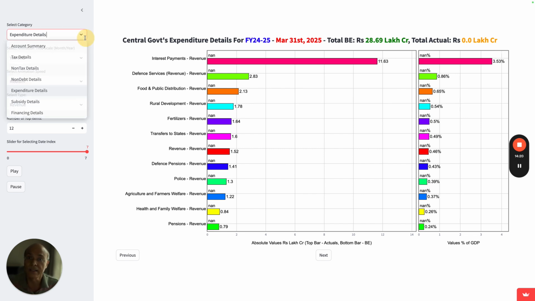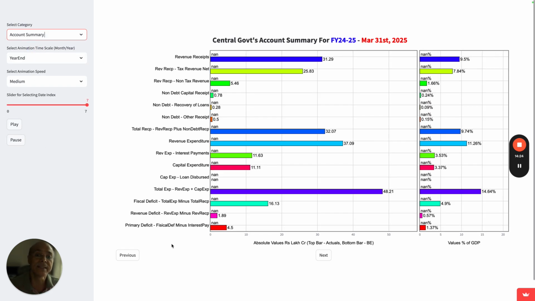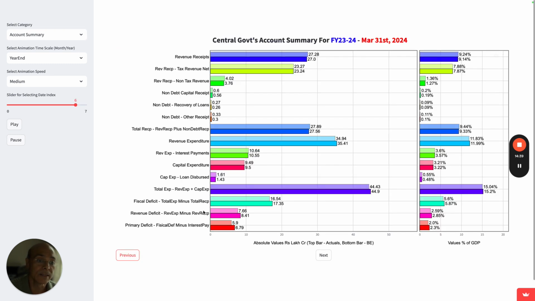One other dimension I am going to show you is the account summary. Where is the fiscal deficit here? Just a minute. Here, look at the fiscal deficit numbers. This year the fiscal deficit is 16.13 lakh crores. If I go to the previous year, it was 17.35 lakh crores.